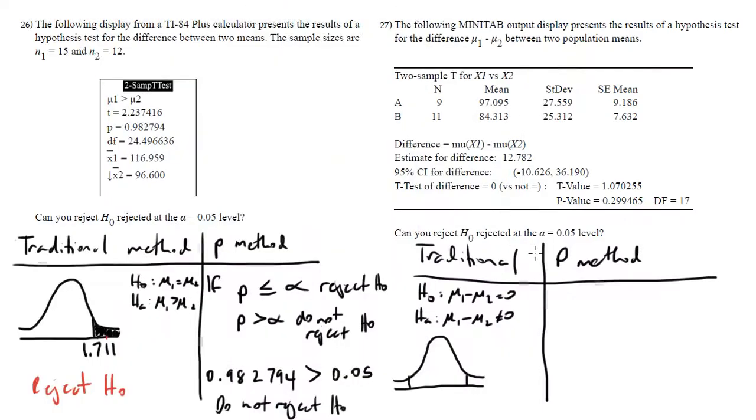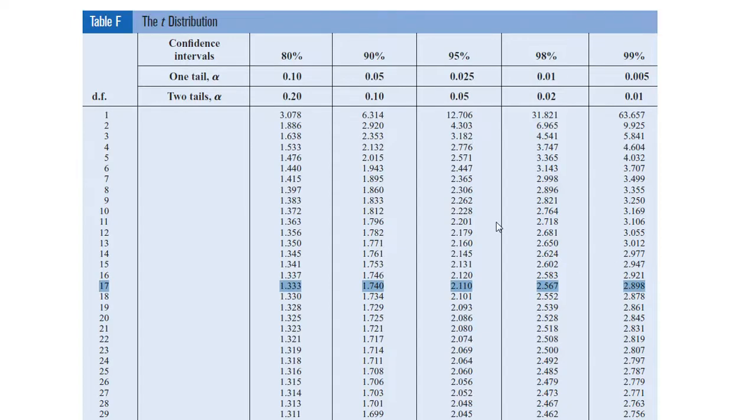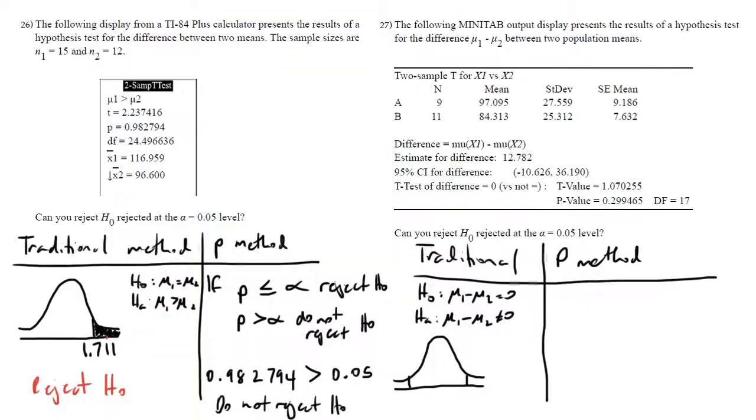The critical values are 2.110 and negative 2.110. Those are my critical regions.